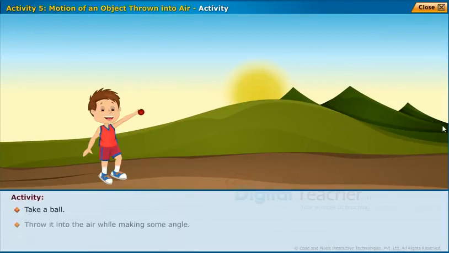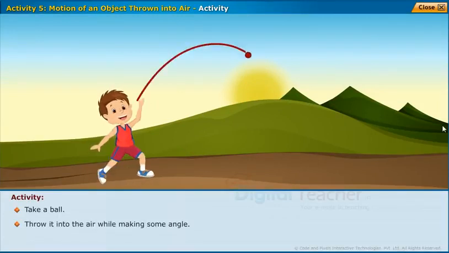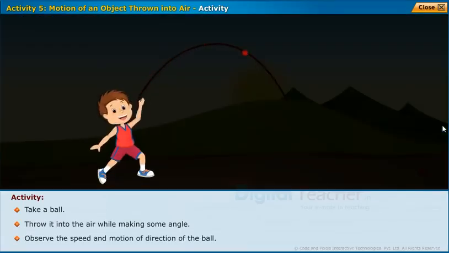Take a ball. Throw it into the air at some angle. Observe the speed and direction of motion of the ball.